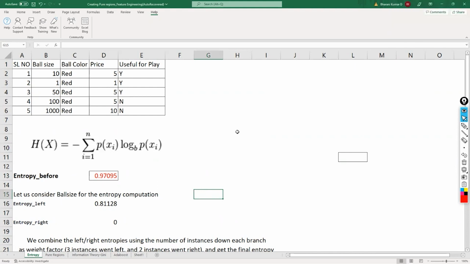If I give you two job offers, in one job offer I'll pay you 10 lakhs per month, and in another job I'll pay you 2 lakhs per month. Which one would you choose? 10 lakhs. So you're a greedy person. On similar lines, why is a decision tree called a greedy algorithm?